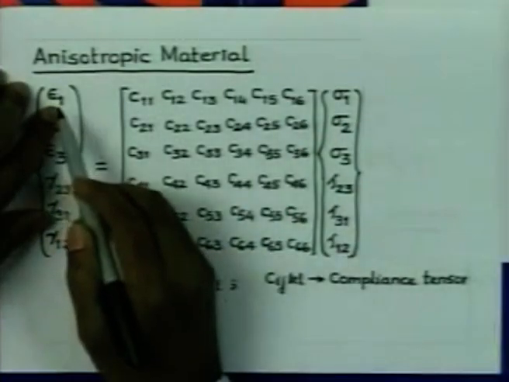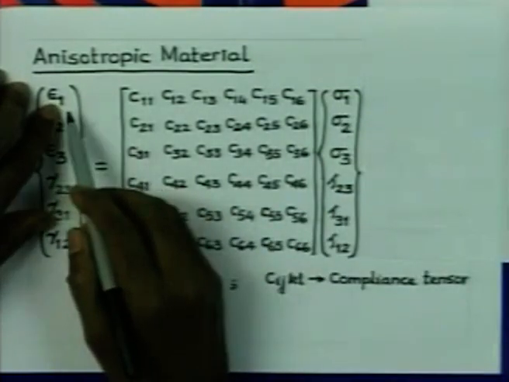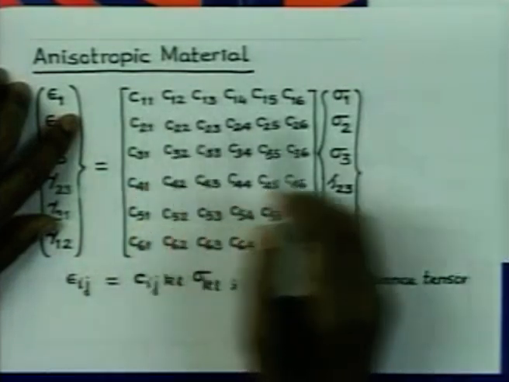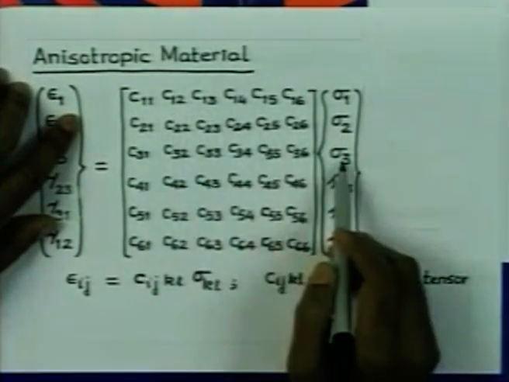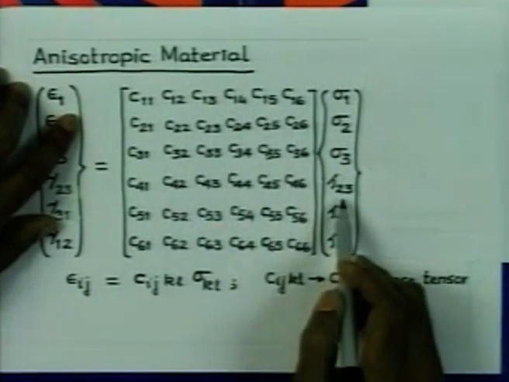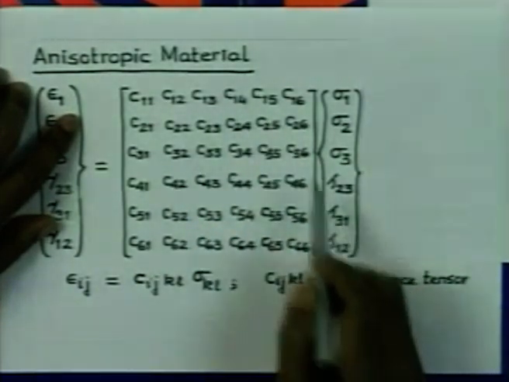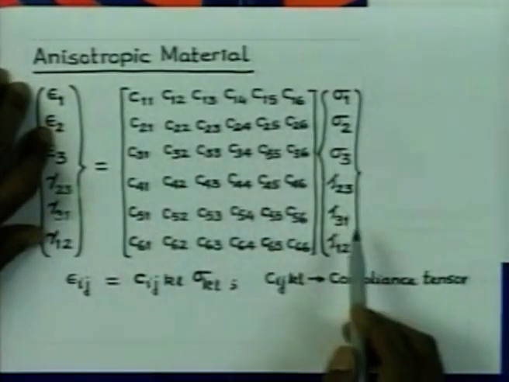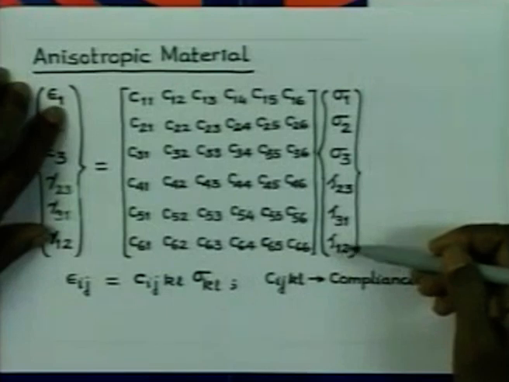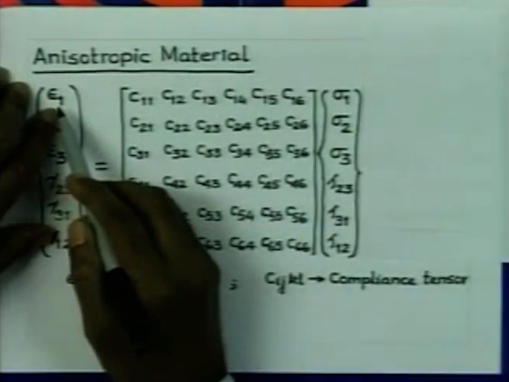The effect of the stresses is obtainable by considering epsilon 1 equal to C11 into sigma 1, C12 into sigma 2, C13 into sigma 3, C14 into tau 23, C15 into tau 31, and C16 into tau 12. That is how you get the influence of all these 6 components in direction 1.